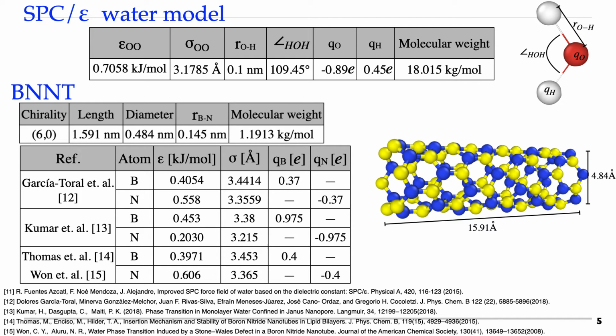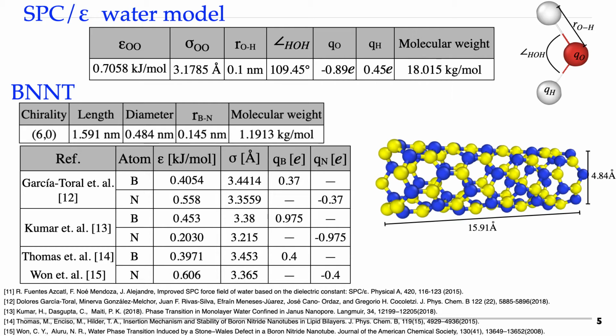Now we need the parameters necessary to model the water molecules and nanotubes. These parameters are summarized here. For water, we use the SPC/E model, while for the nanotube, we take them from the literature.